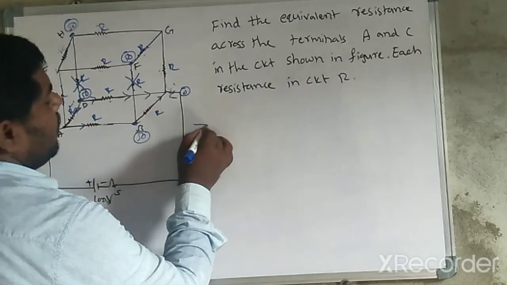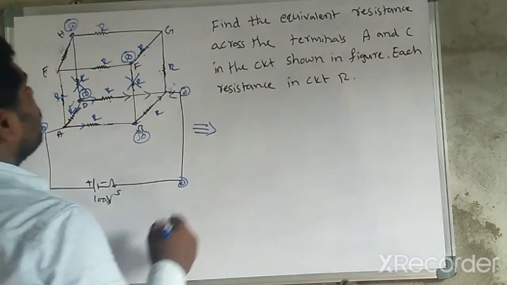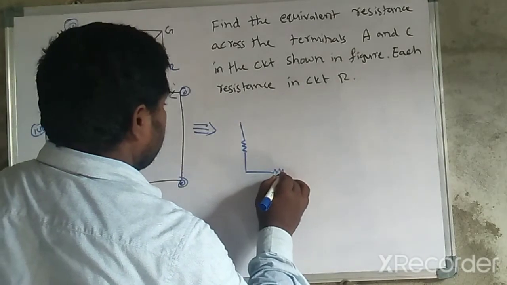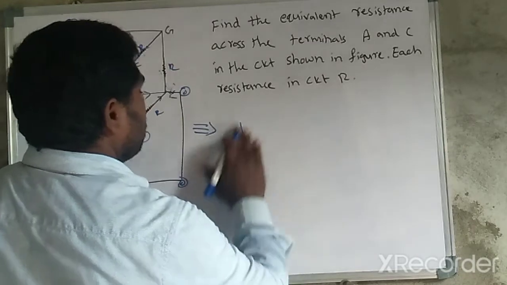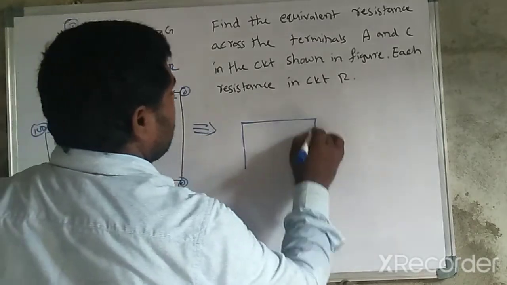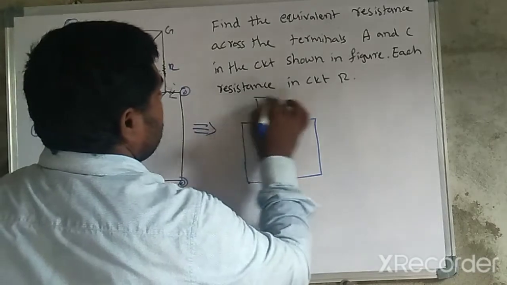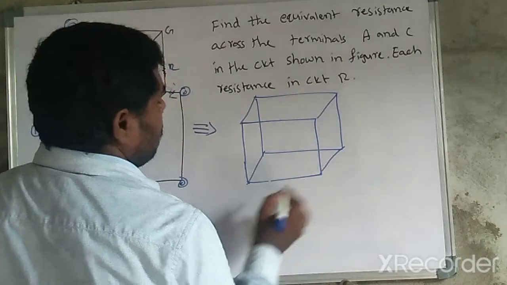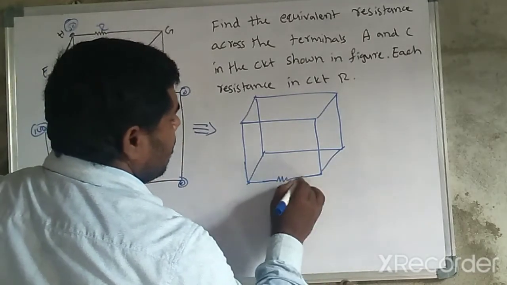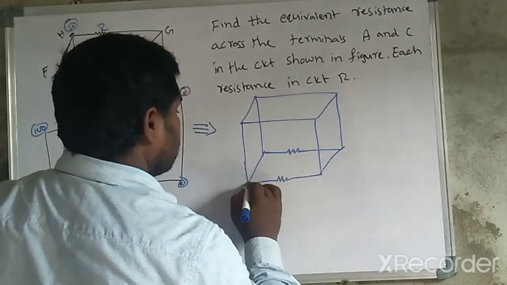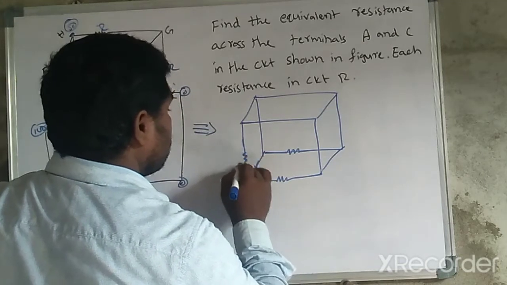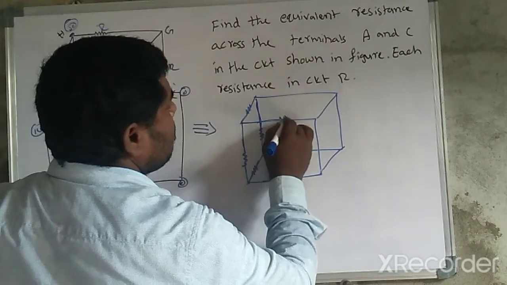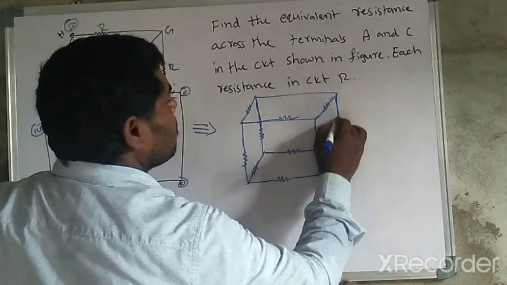So you may draw the remaining diagram like this. This is the easy method. Each resistor like this, like this, like this.